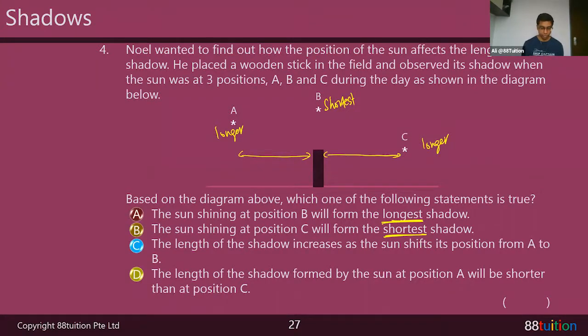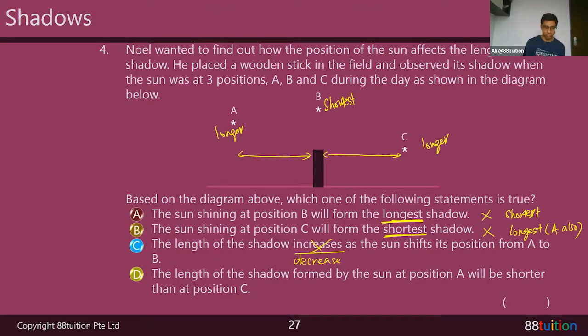Okay, so answer A is wrong, because this should be the shortest. Answer B is also wrong, because this will not be the shortest, it will be the longest, along with A. The length of shadow increases as the sun shifts its position from A to B. No, it decreases, because from A it is longer, then it becomes shorter.